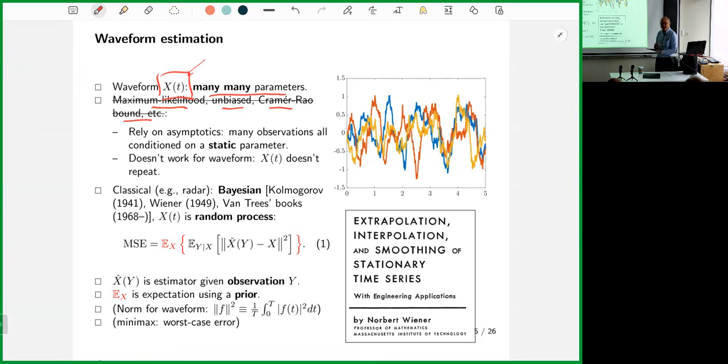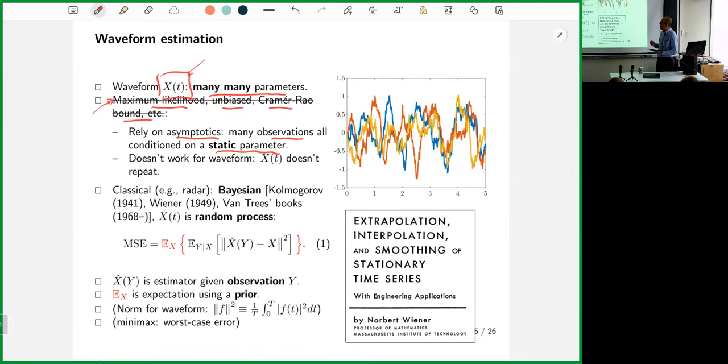All these basic techniques assume asymptotics. They assume that you have a parameter that is static, that doesn't change in time. You can do multiple measurements of the same parameter. So all these techniques rely on some sort of asymptotics, that the parameter stays constant in time. You do a lot of observations, and then some sort of asymptotics give you nice results concerning maximum likelihood and the Cramér-Rao bound.